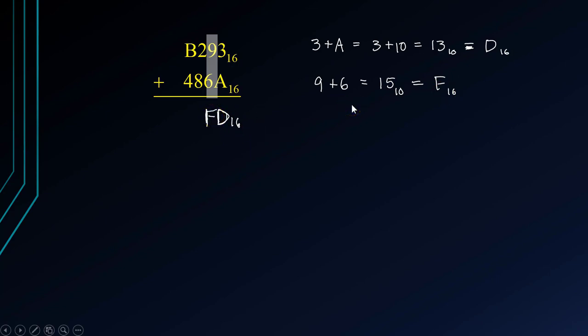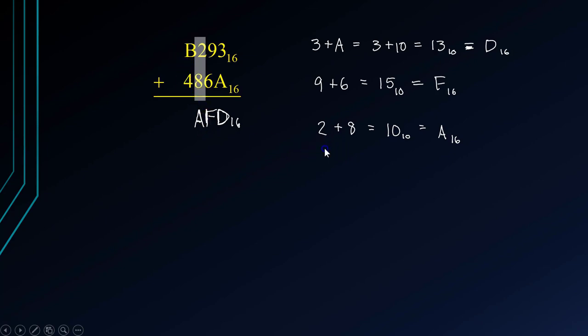And again, no need to carry a 1. So I move to the next column, 2 plus 8. 2 plus 8 is 10 in base 10 numbers. 10 is actually a digit in base 16. It actually corresponds to A. And so I'm going to write the A here. Again, since this is considered a single digit in base 16, there's no 1 to carry.